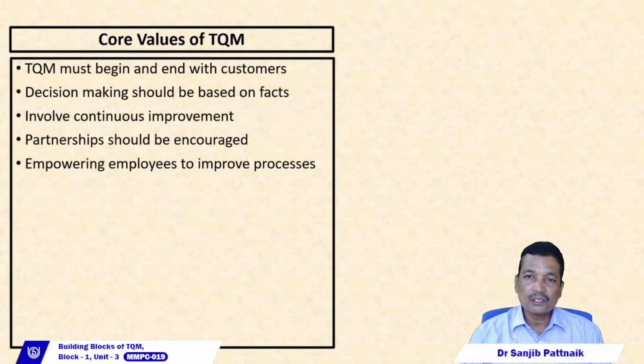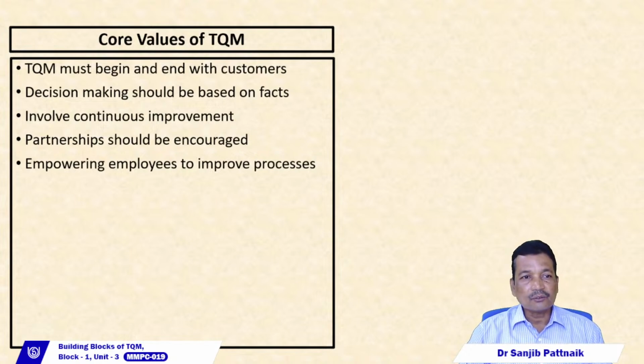Once we know what are the needs and requirements of the customers, the organization tries to produce the items, be it goods or services, so that the basic requirements are fulfilled by the products or services.